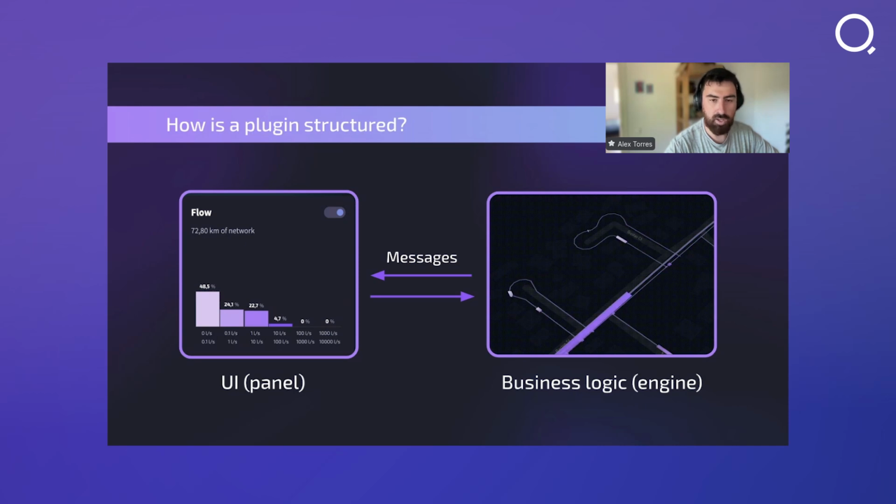We have the UI of the panel, where we can show the data or some calculations we do, and then we have the plugin itself, what we call the plugin engine, where all the business logic and SDK calls happen. These both communicate using some APIs that you have available in the SDK and in the plugin interface. So it's quite easy to do so.